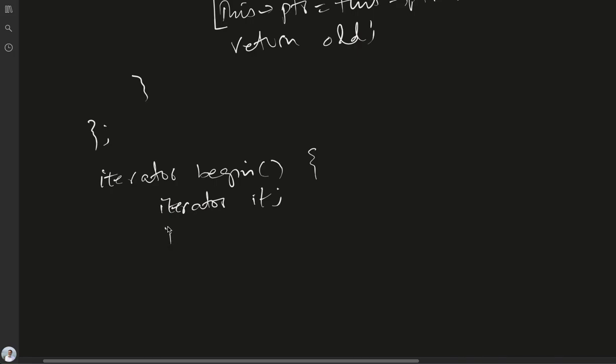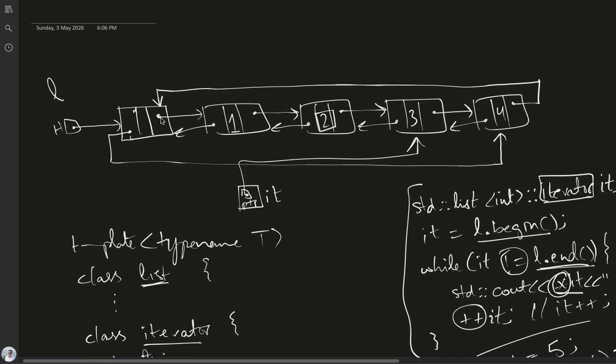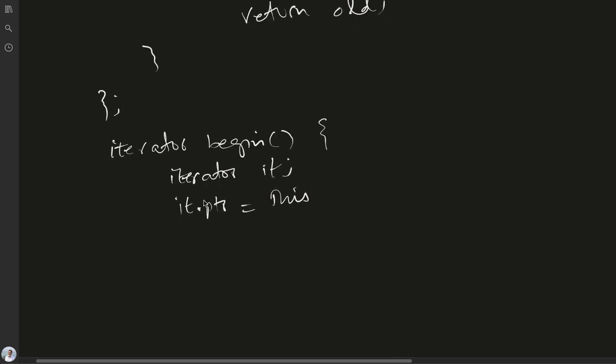So we say that it.ptr should contain the address of the first node, and the address of the first node is in the next part of the dummy head, right? So we say that it.ptr is equal to this dot h dot next, right? So that's it.